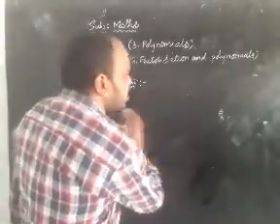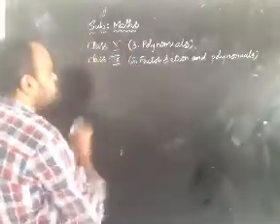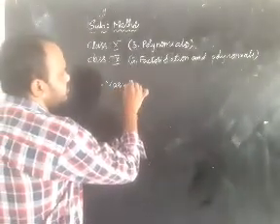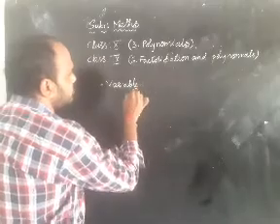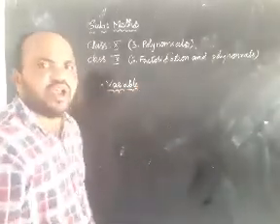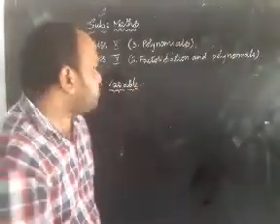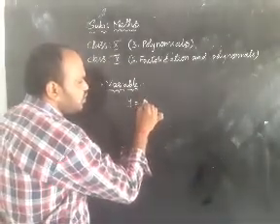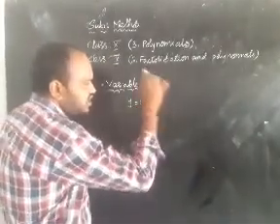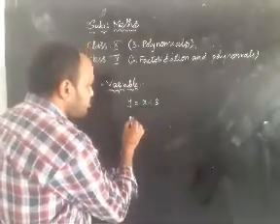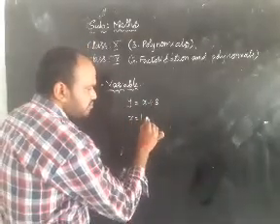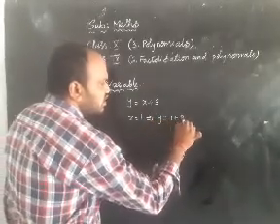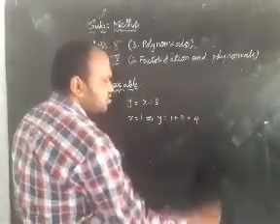Variable: here the values change. If we see one expression, y is equal to x plus 3, for example if x is equal to 1, then what will be the y value? 1 plus 3 is equal to 4.